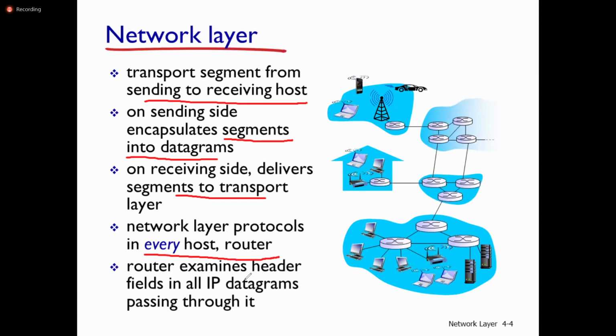The router examines header fields in all IP datagrams passing through it. Whenever the datagrams are passing through the router, it examines all the header fields that are present in all the IP, Internet Protocol, datagrams.